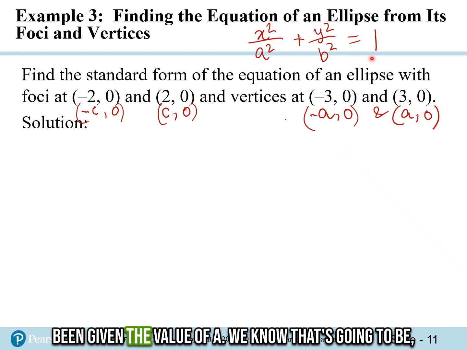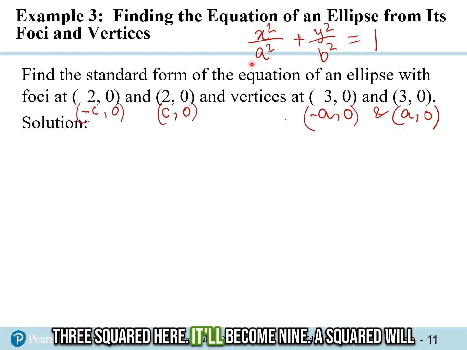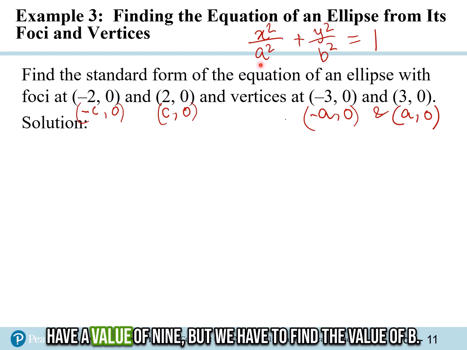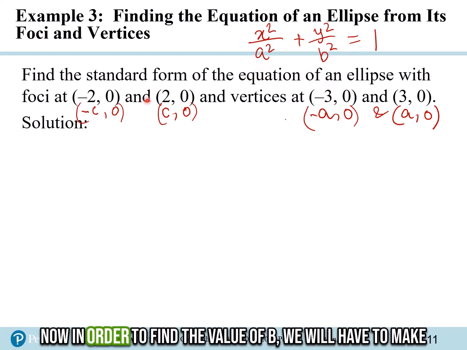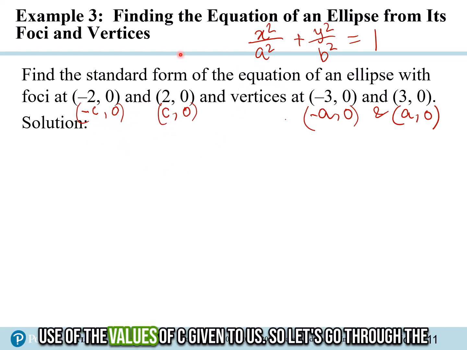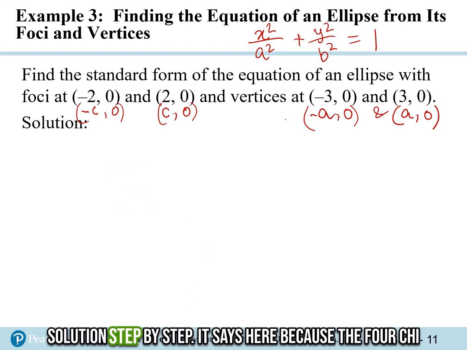We have been given the value of a. We know that's going to be 3 squared here. It'll become 9. a squared will have a value of 9, but we have to find the value of b. Now, in order to find the value of b, we will have to make use of the values of c given to us. So let's go through the solution step by step.